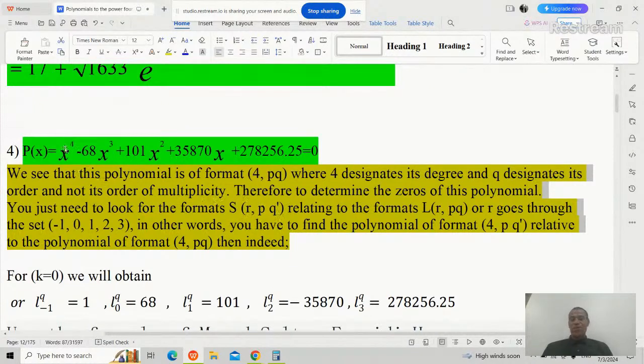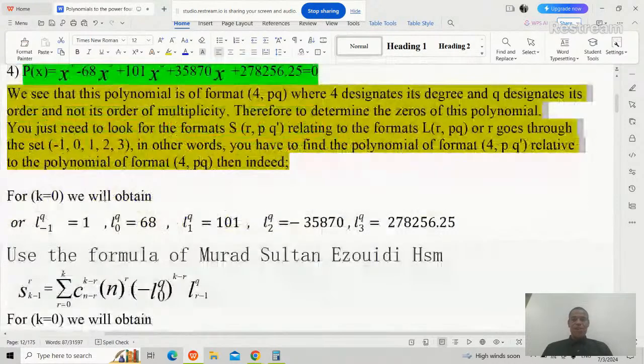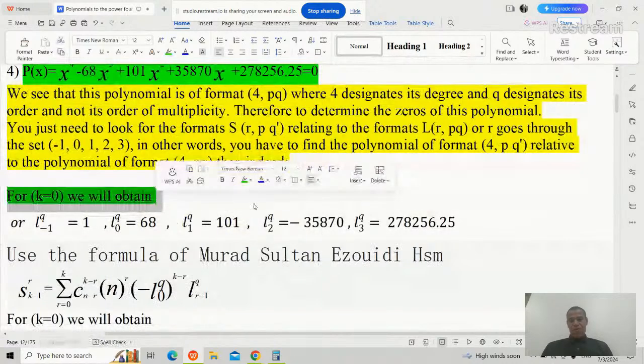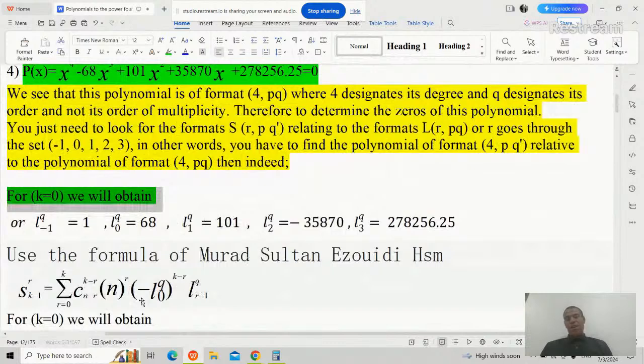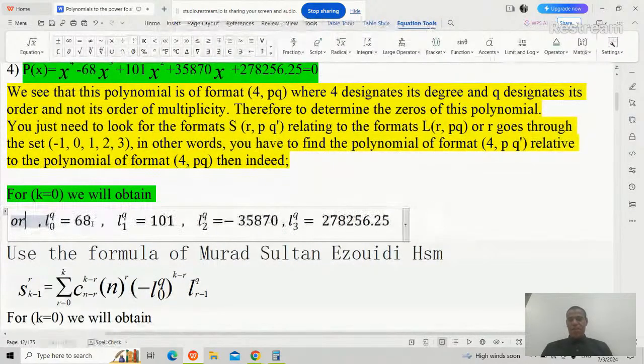Now learners, we just start. So it's clear that when putting k equals 0 in my discriminant formula, you will get by convention that S minus 1 of order r is equal to 1. Therefore, I can erase this, no need for L minus 1 because by convention it is equal to 1.